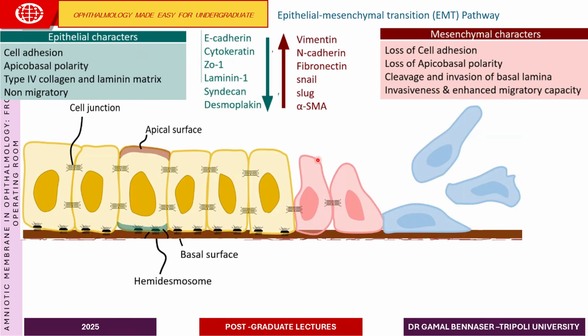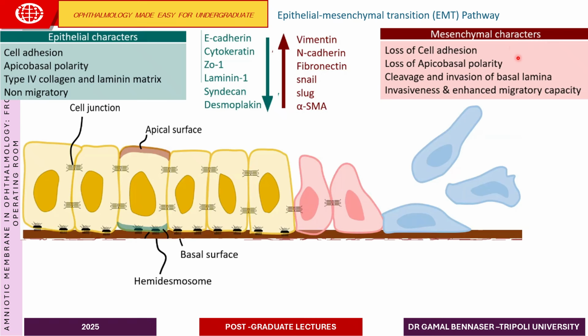Now, this process is done with the help of certain mediators that promote this pathway, that's the conversion from epithelial cells to mesenchymal cells. And also there are other mediators that promote the reverse, that's the conversion of mesenchymal cells to epithelial cells. Now, the amniotic membrane is capable of regulating this pathway. Once the healing process is needed, it will carry the direction in this pathway toward the formation of mesenchymal cells.